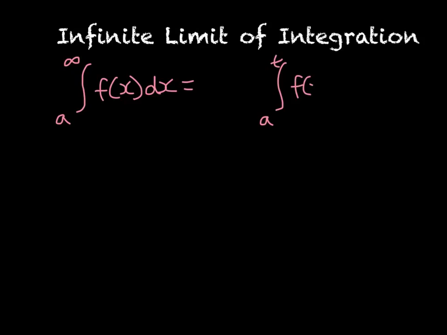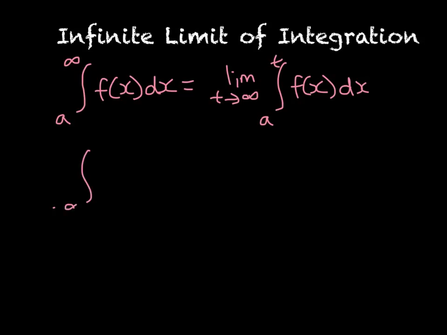Another type of improper integral occurs when you're integrating to infinity or negative infinity. So for example, if we were integrating from a to infinity of a function f of x dx, then the way we would solve that is we would just integrate as normal from a to some parameter, we'll call it t. And then similar to what we did earlier, we'll just take the limit as t approaches infinity.